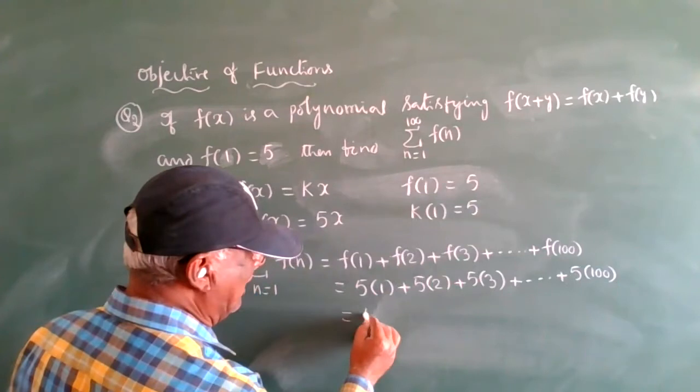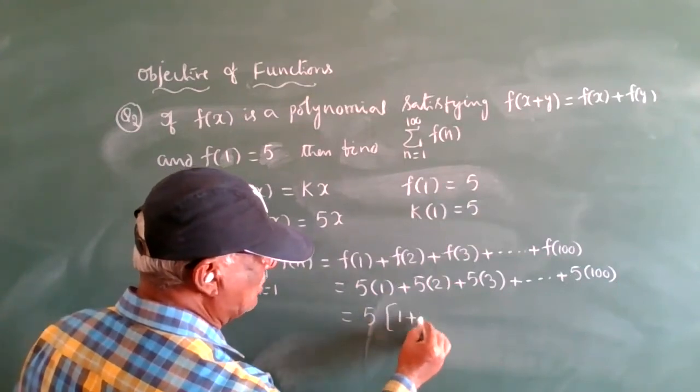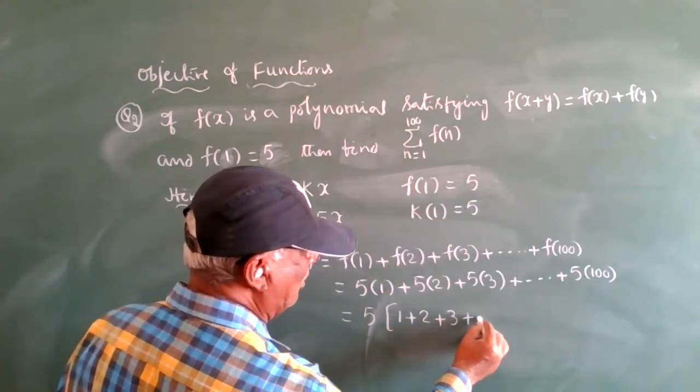Take 5 common. So 1 plus 2 plus 3 plus up to 100.